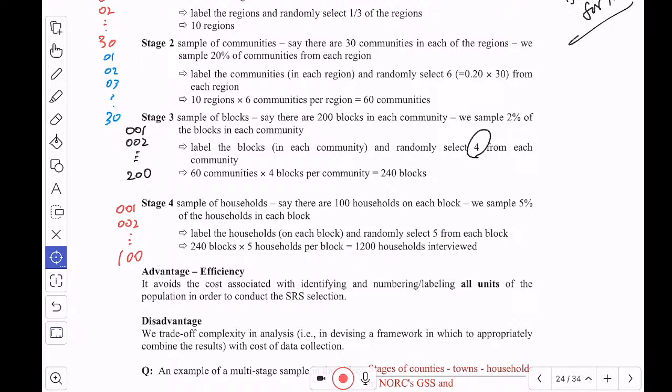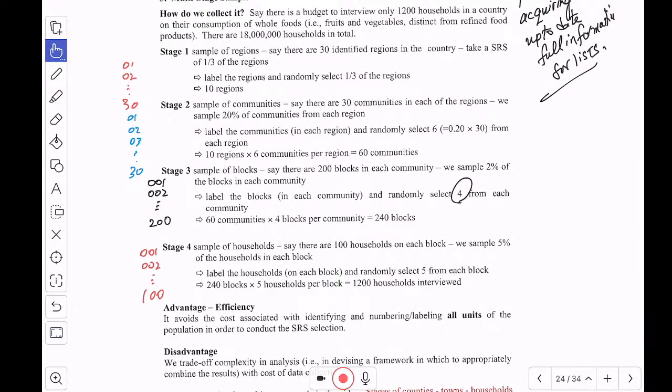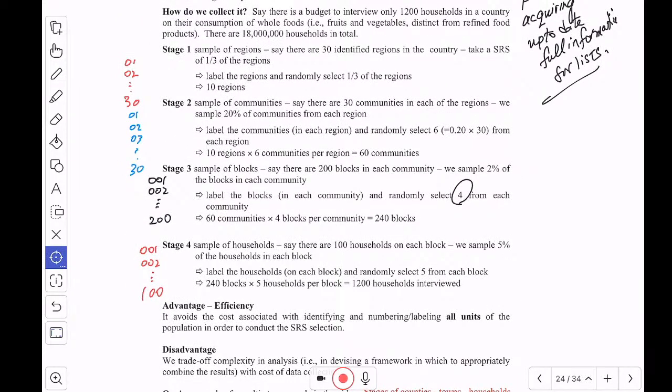So this is a multi-stage sample design, and we do this because of an issue with the lists, and just that it's hard and costly with little benefit. It's very wasteful to try and get an up-to-date list of 18 million households.